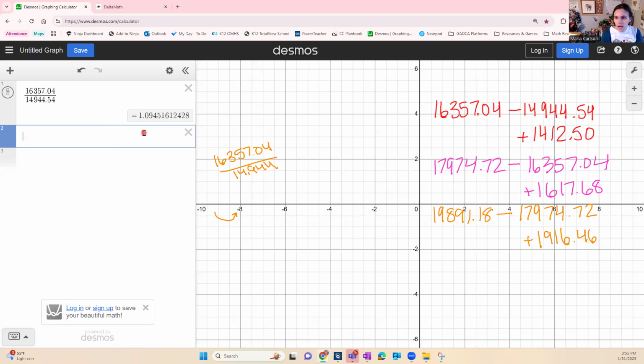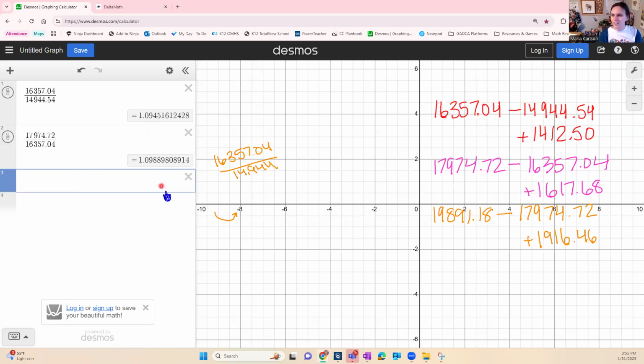How about year 3, 17,974.72 divided by 16,357.4. Oh, uh-oh. I had a feeling, when these seem to be changing by an increasing amount each year.